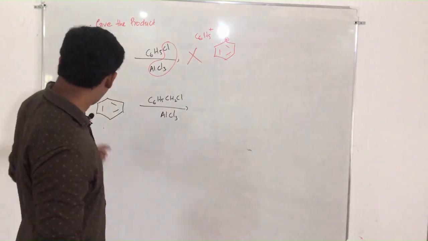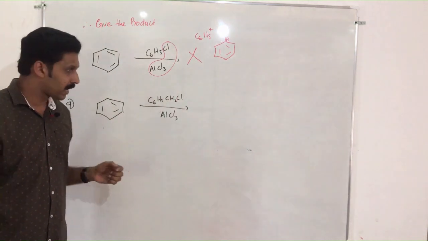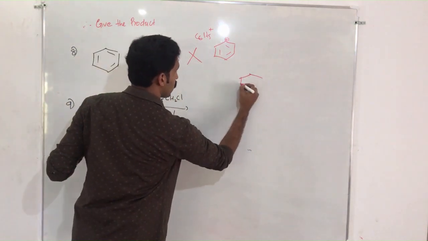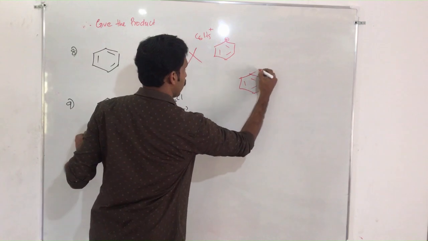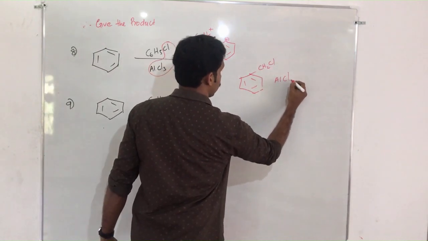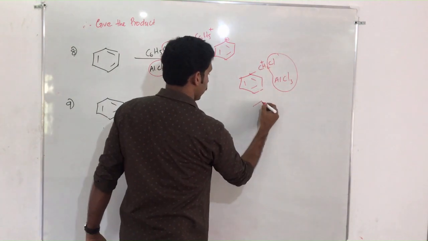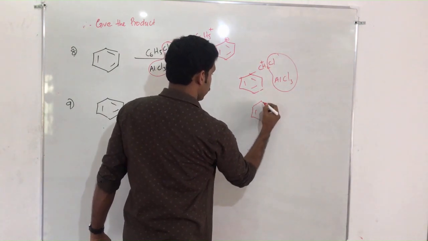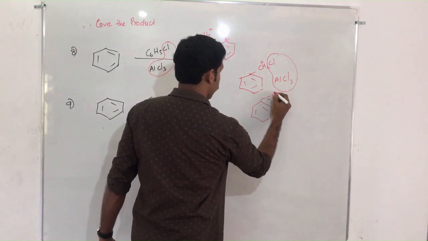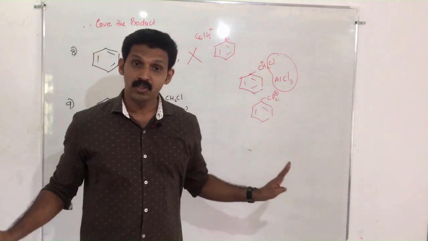Now, question number 9: benzene with C6H5CH2Cl, that is benzyl chloride. This is benzyl chloride. When it reacts with AlCl3, chlorine will go with this group, and you will get the benzyl carbocation. Benzyl carbocation is highly stabilized by resonance.